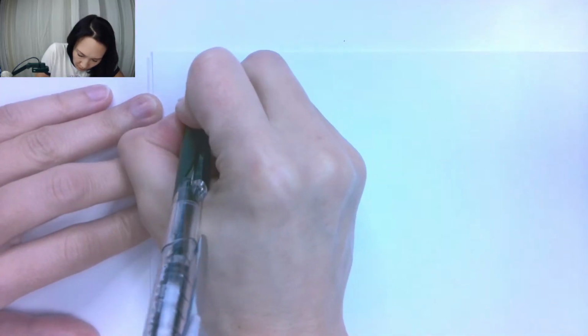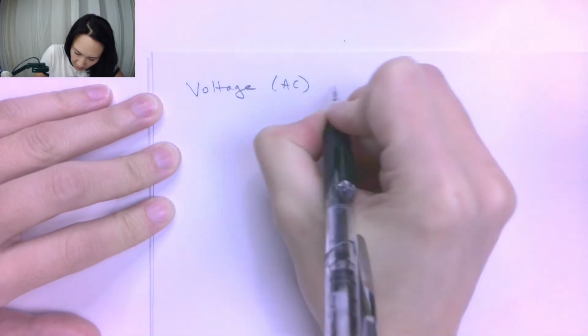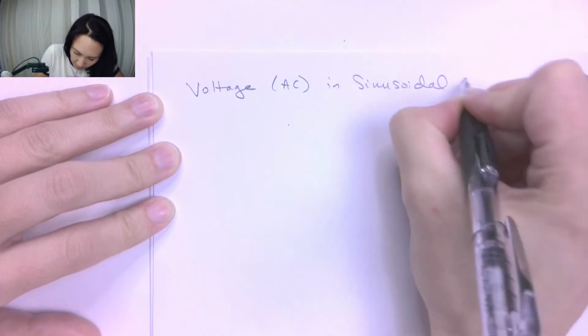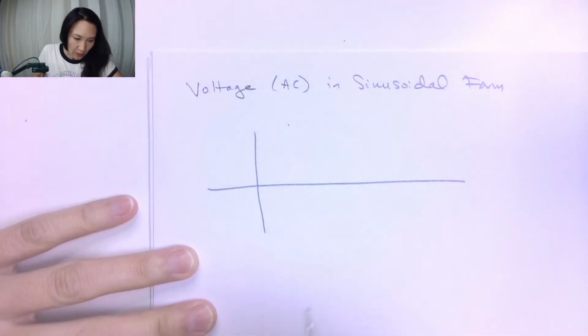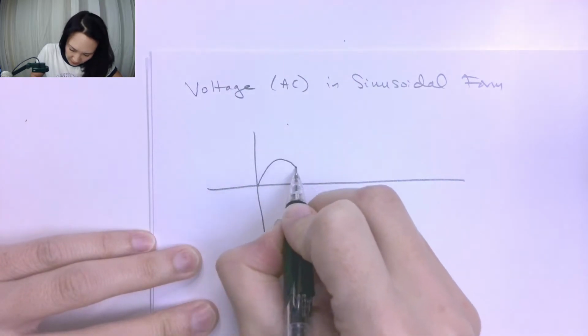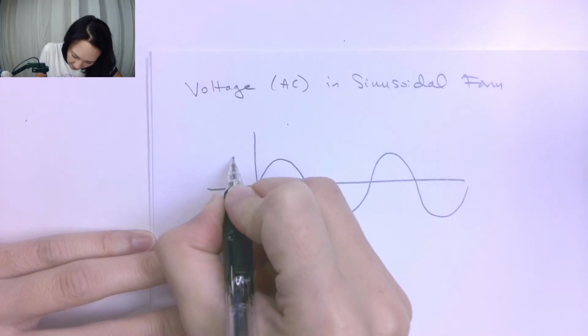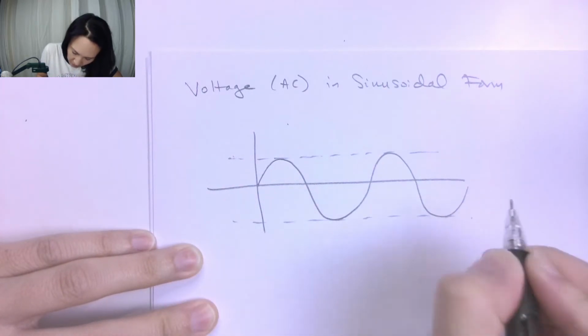So suppose we have an AC voltage in sinusoidal form. The way it's going to look is we have this sinusoidal function like this. We have a peak here.